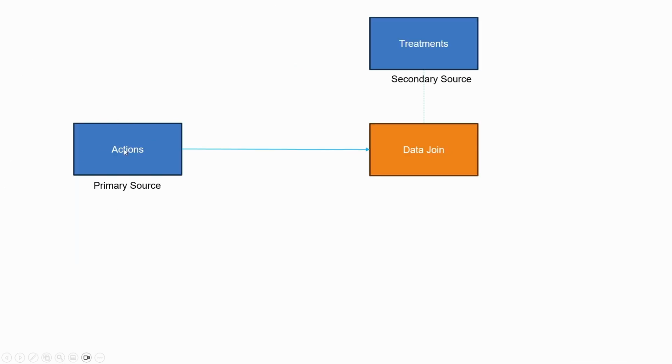So that means this actions is our main source component, correct? You can also call it a left source component. This is a primary source. The primary source will always be connected to the data join with a solid line. This is the left source.